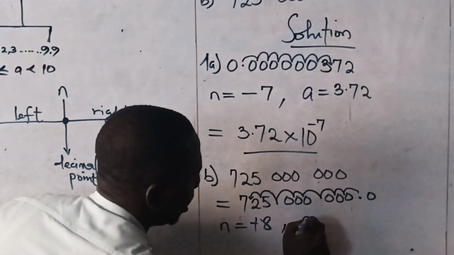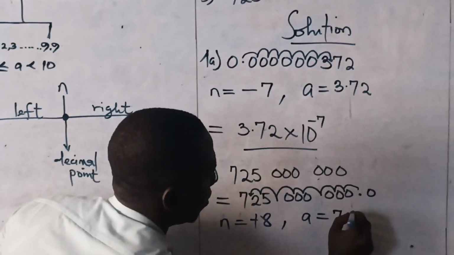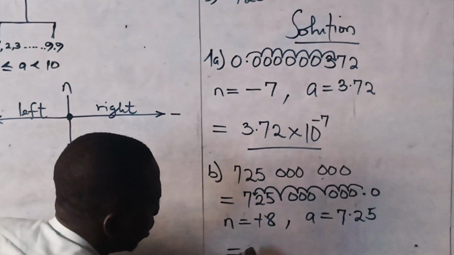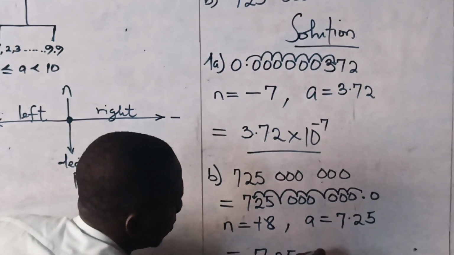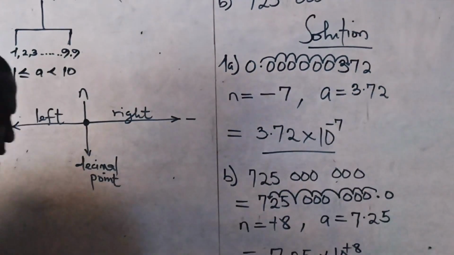Now our A is equal to 7.25, and the final answer will become 7.25 times 10 raised to power plus 8, and that is the final answer.